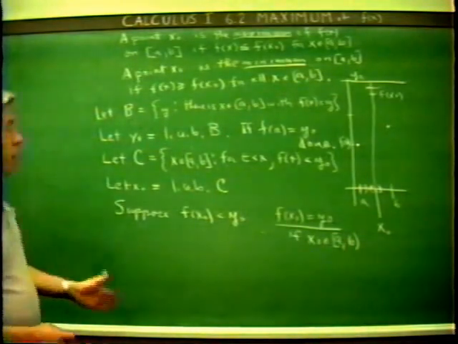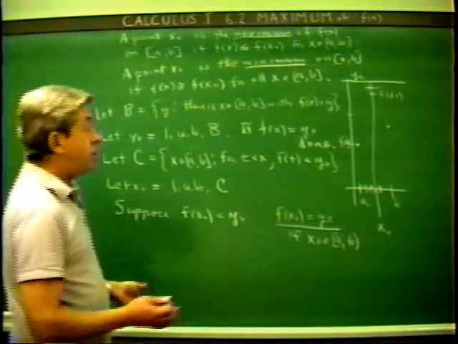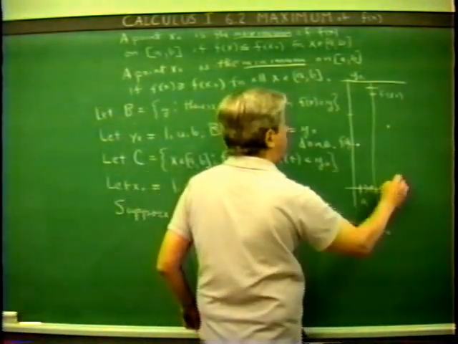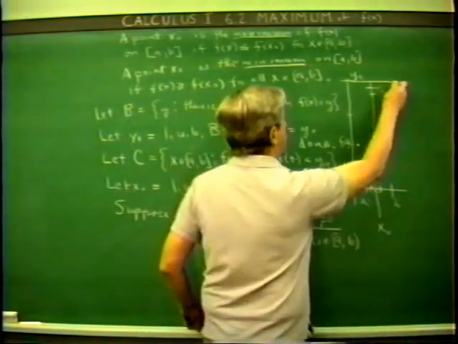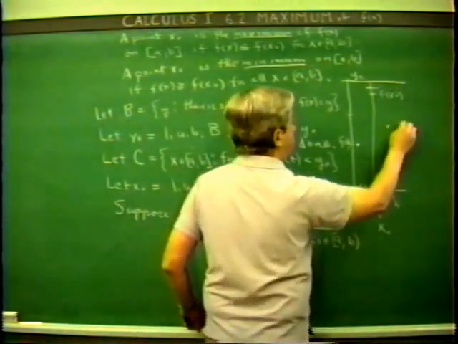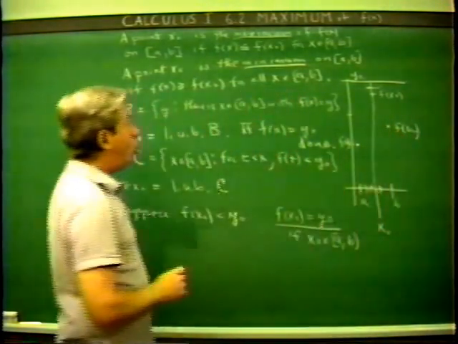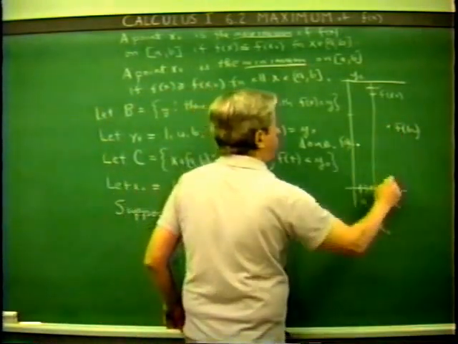Right? The other possibility is that x naught is equal to b. And if x naught is equal to b, the same argument shows that f of x naught can't be less than y naught, because if it were, if this was, let's say, f of b, it's been drawn considerably lower here, then what?